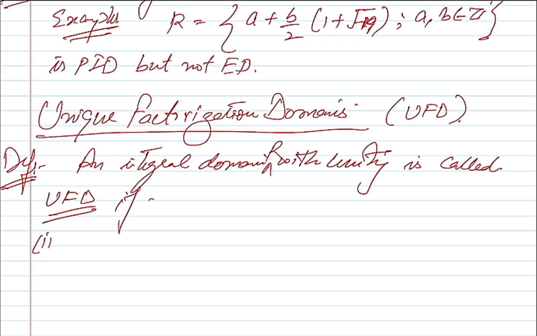What is the fundamental theorem of arithmetic, or you can call it the factorization theorem? It says that any positive integer or natural number has a unique factorization into primes. You remember, right? So now, unique factorization into primes.